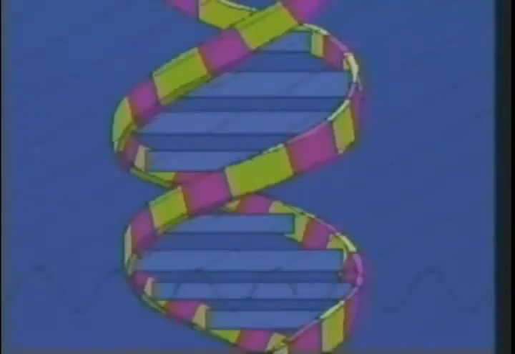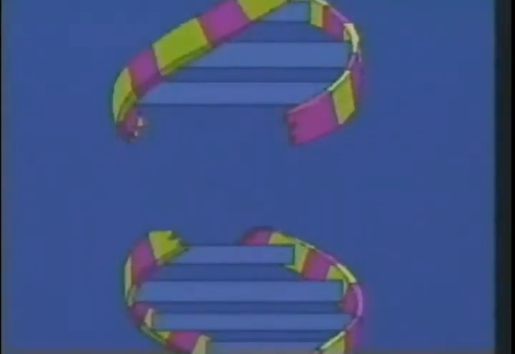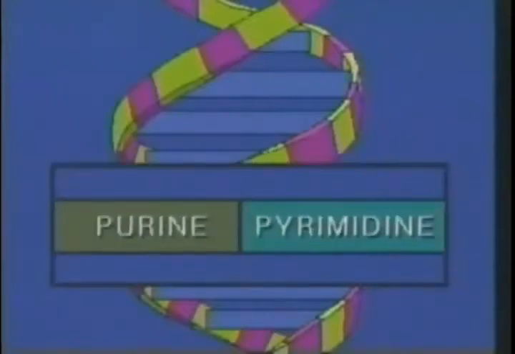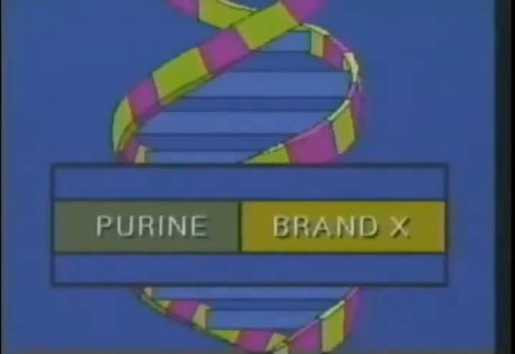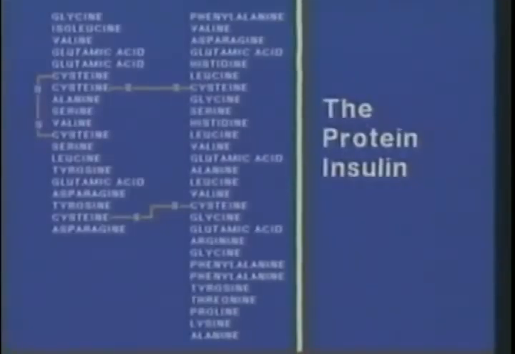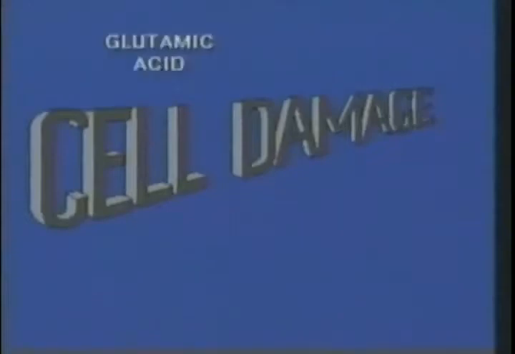Another agent of mutation, long ultraviolet waves, are capable of breaking DNA strands. Finally, there are chemicals that can mimic DNA bases. A single change to a DNA molecule might produce a missing amino acid in a protein and render the cell dysfunctional.